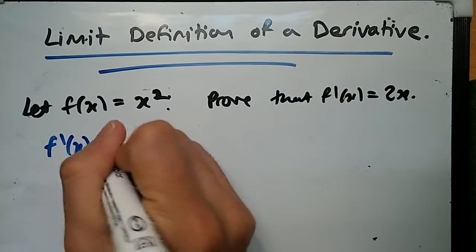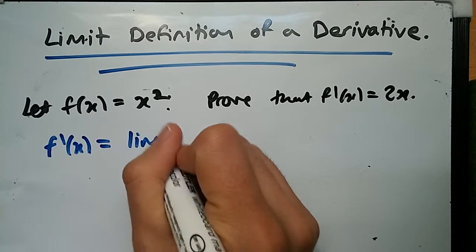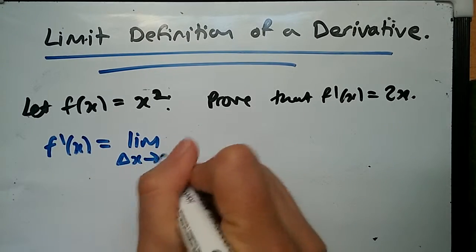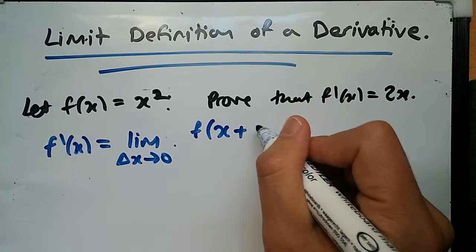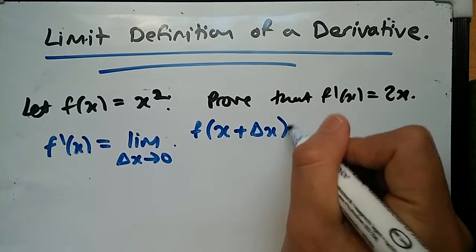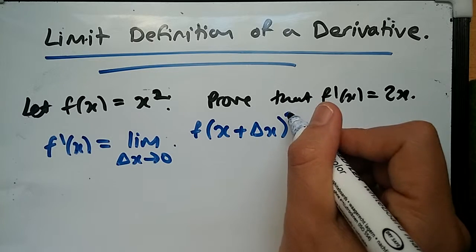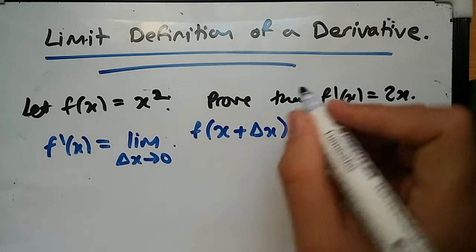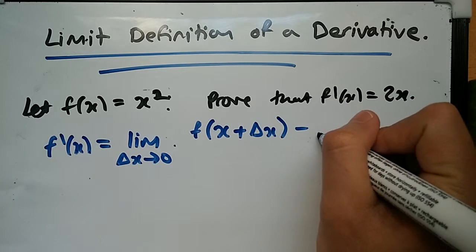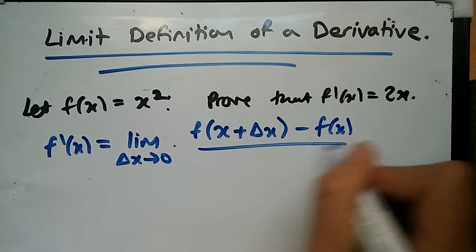So using the formula, f prime of x equals the limit as delta x approaches 0 of f(x plus delta x) minus f(x) over delta x.